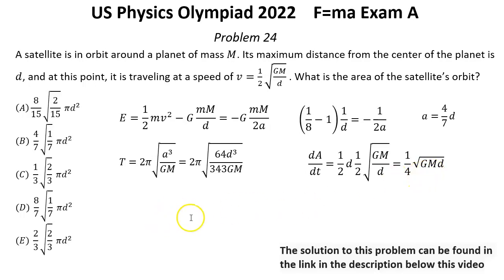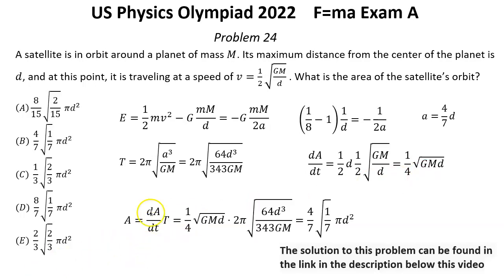Now we can find the total area. That will be this constant rate, delta A over delta T, multiplied by the period. After calculations we get this expression, which is answer B. That was the solution for problem number 24.